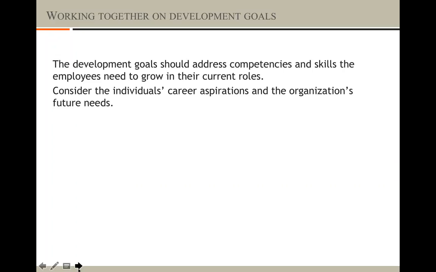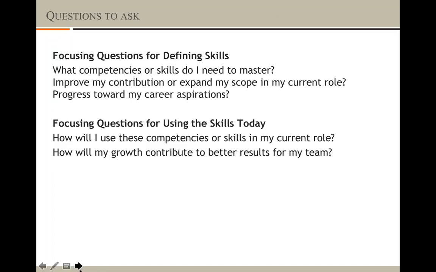So now, working together on the development goals. Development goals should address the competencies and skills the employees need to grow in their current roles. And we have to consider the employees' career aspirations and the organizational future needs. There are four sets of questions that we can ask in order to get better at goal setting.